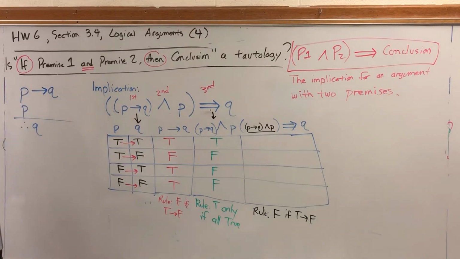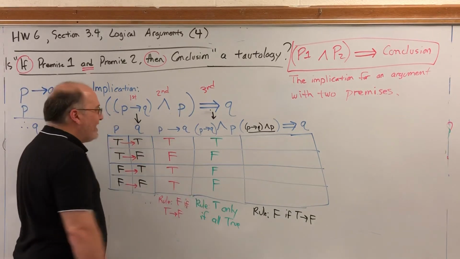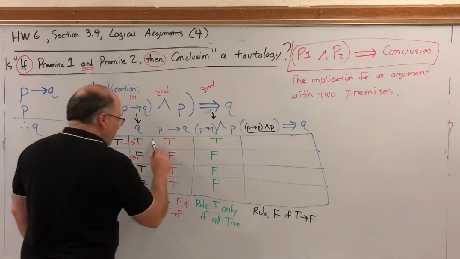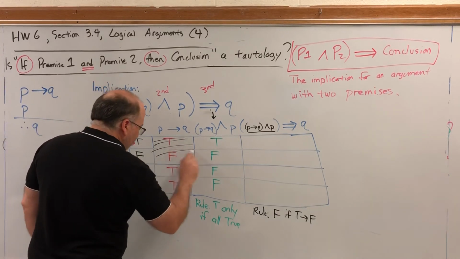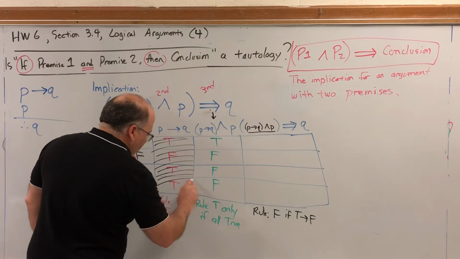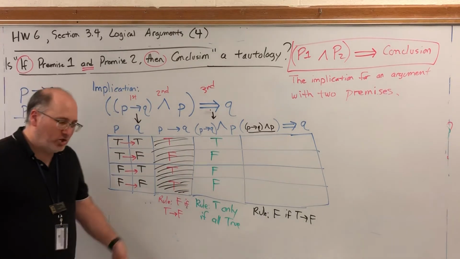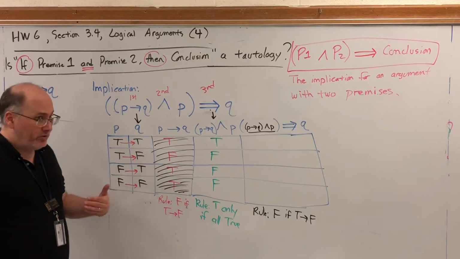Because we're in the last column, I'm not going to need any other columns besides the two that I'm currently pointing at. There's a column in between them. They're in the way. I'm just going to cross them out. I can also cover it up, but I wanted to remind you when it's okay to cross out a column and when it's not okay.